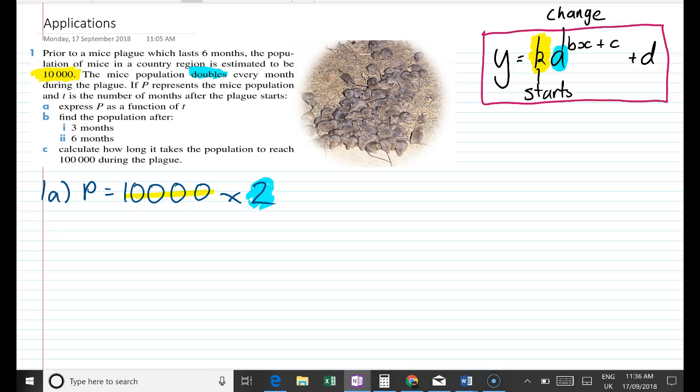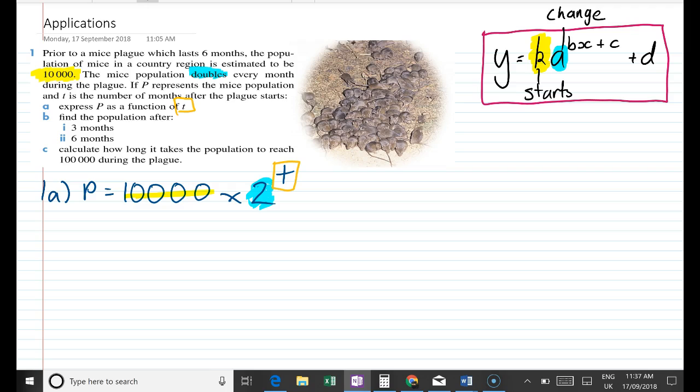Now I need to see the exponent part. I've got bx plus c, but it just says every month, and it's doubling every month, so I'm just going to put to the power of t, and I'm not going to change it. Notice the question said put it as a function of t months, so I'm using the variable t months.